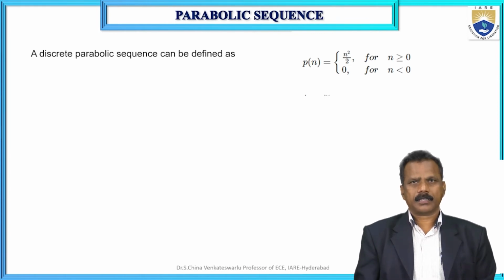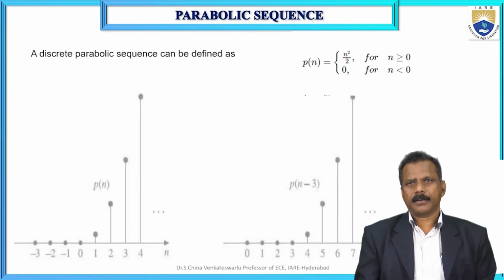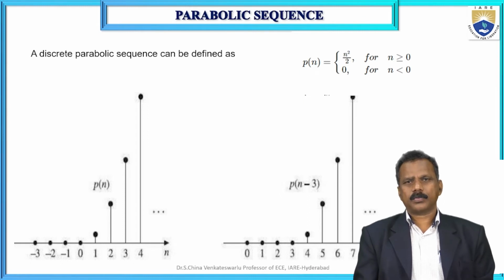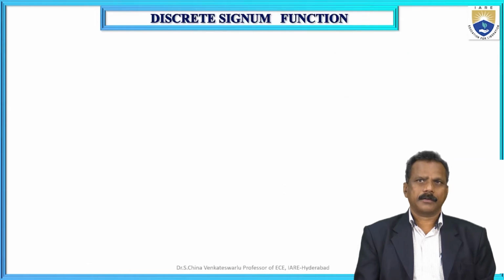We define the discrete parabolic sequence in terms of p of n, with n on the axis: n is equal to 0, 1, 2, 3, 4 and so on, and n is equal to minus 1, minus 2, minus 3 and so on.